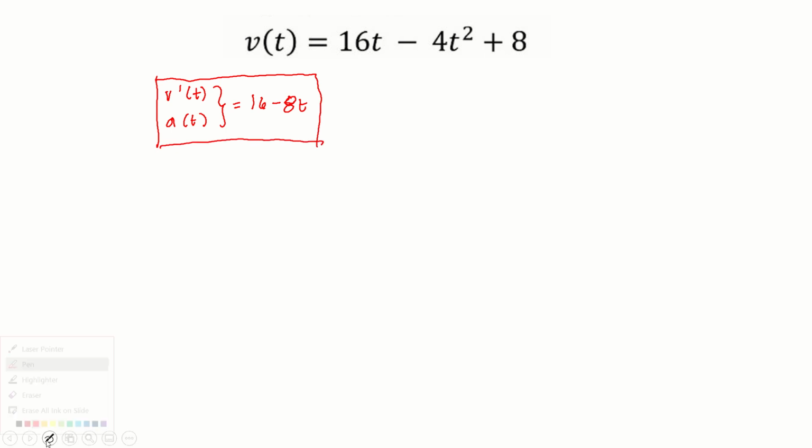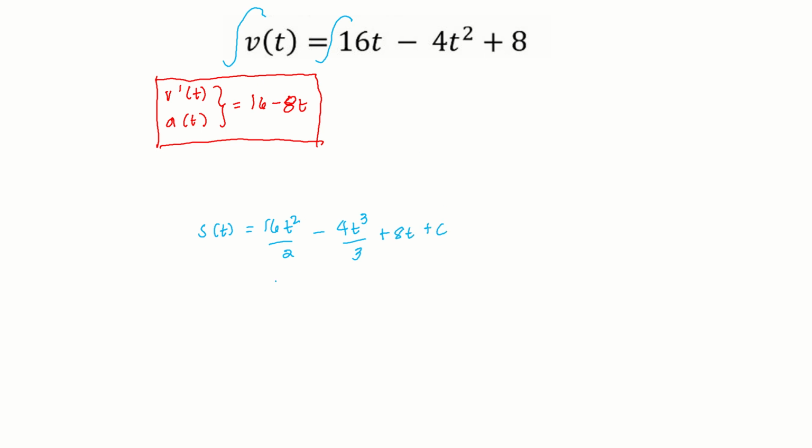So next po is to get the value of, let's change the color, to get the value of the displacement function or the position function. So you just have to integrate this to get the value. So s yung sabi kanina, so s yung gagamitin nating variable. S of t is equivalent to 16t squared over 2 minus 4t cubed over 3 plus 8t plus c.